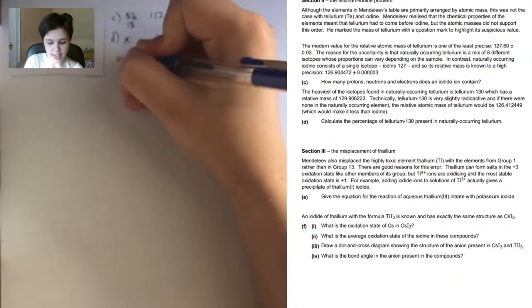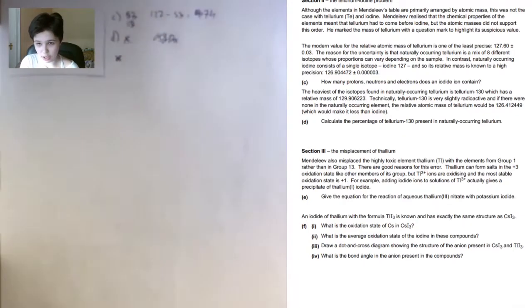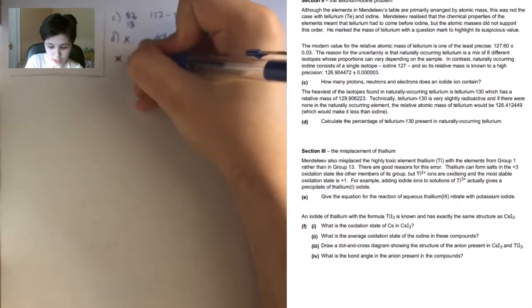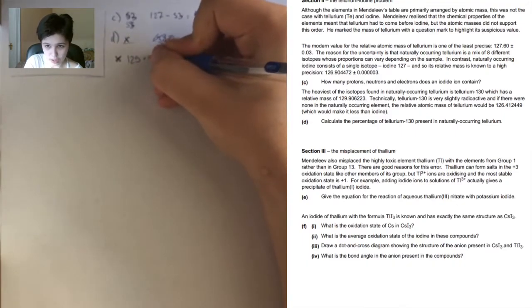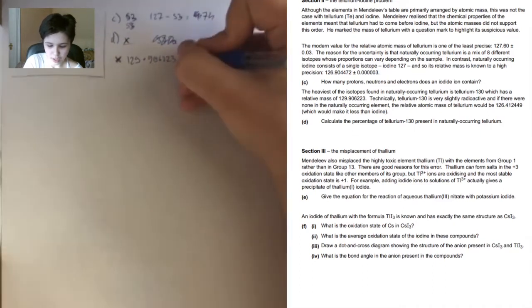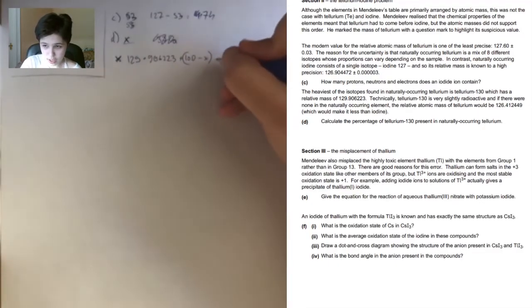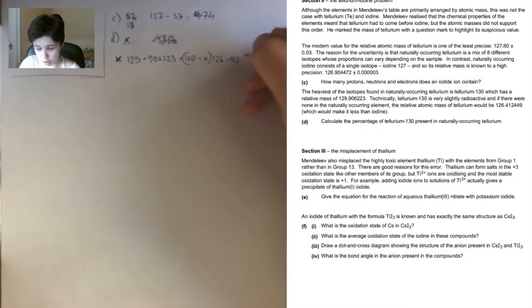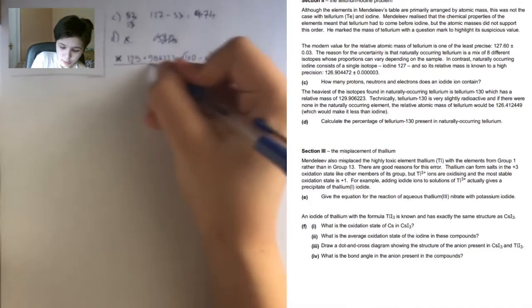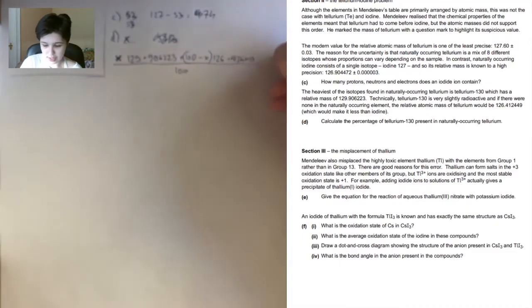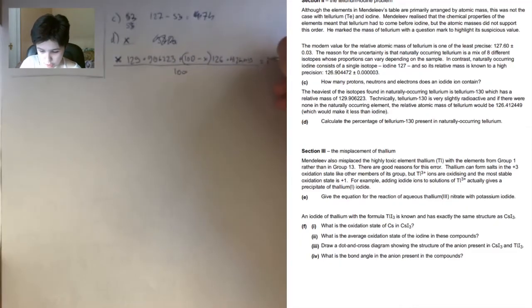So that means that x times the mass of Thallium-130, 129, times 0.90623, plus 100 minus x times the mass without the Thallium-130, so 126.12449, all divided by 100, gives an average of 127.6.